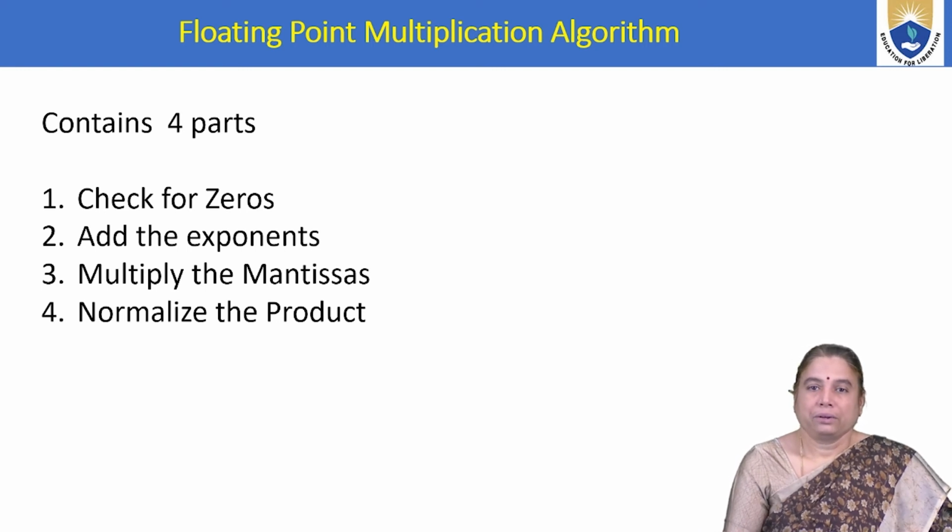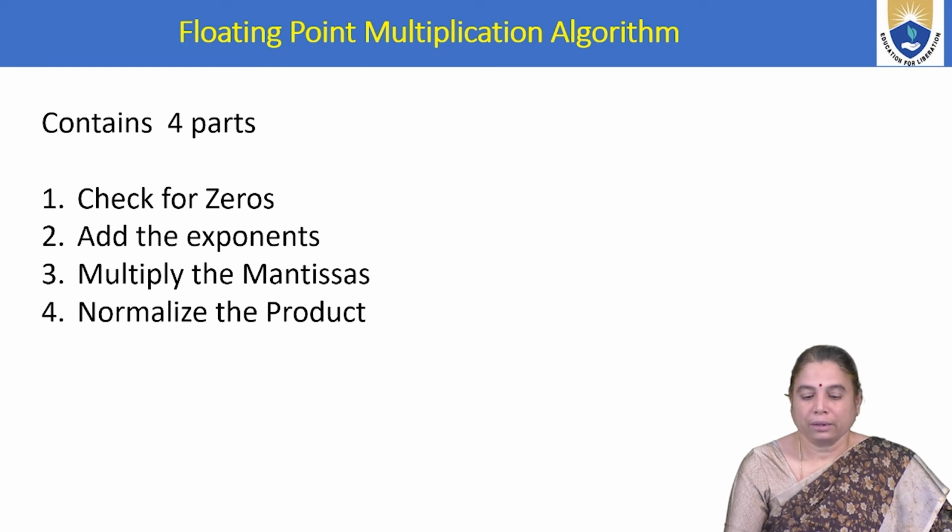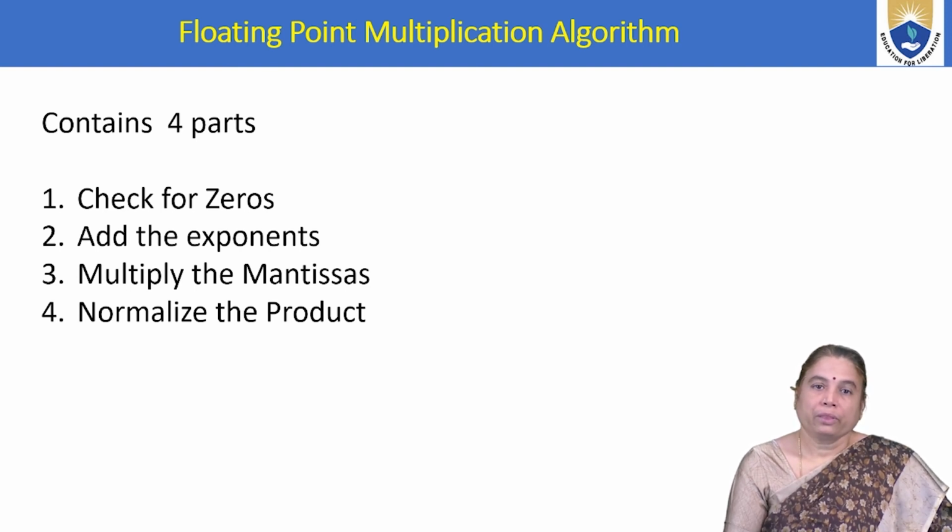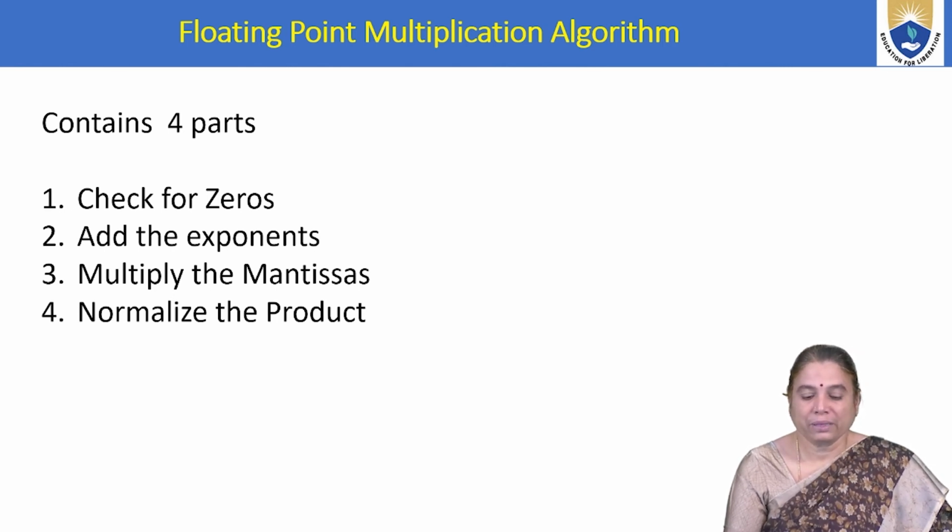After addition and subtraction, the floating point multiplication algorithm. The floating point multiplication algorithm contains 4 parts or 4 steps. One is check for the zeros, add the exponent, multiply mantissas, normalize the product. If the numbers that are considered are 0, the result can be 0.